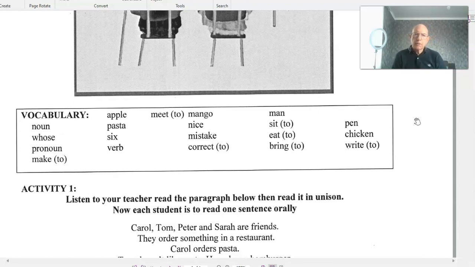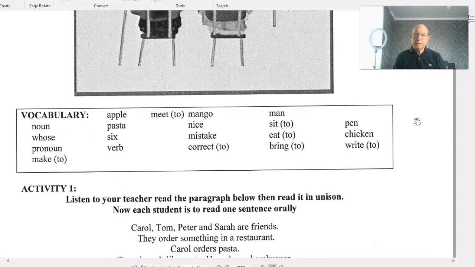So we're learning a combination of nouns and verbs and a few pronouns as we go along. Okay, so to correct would be if you make a mistake and I'm your teacher, I would maybe put a mark by it, showing you that it's a mistake.